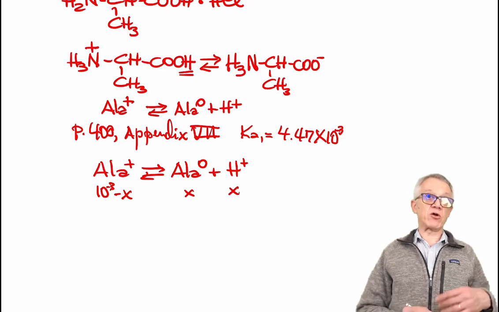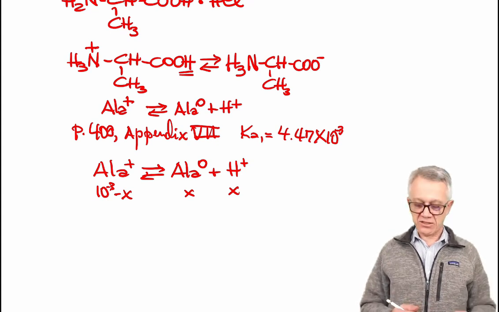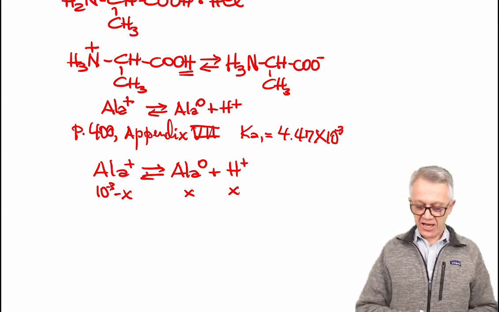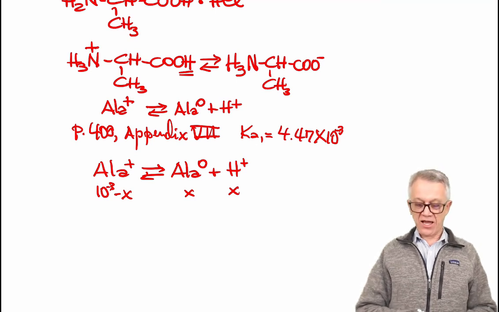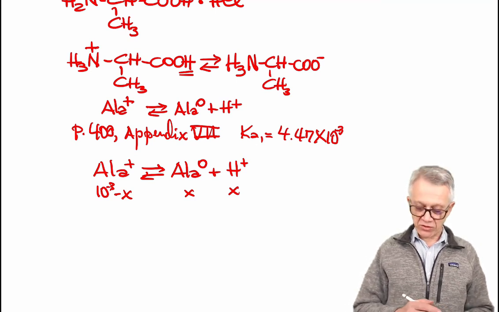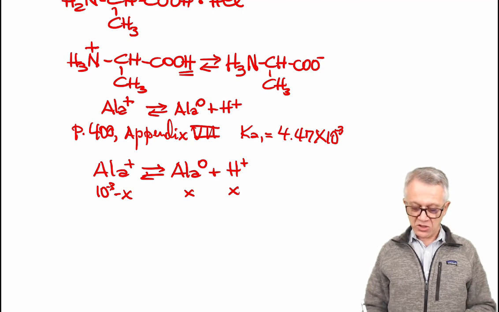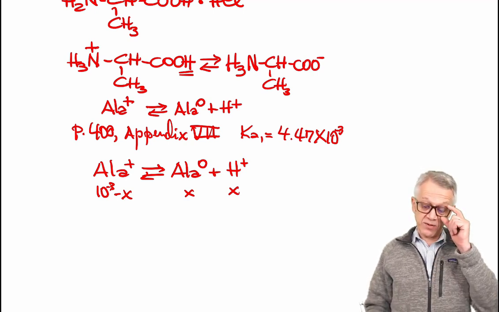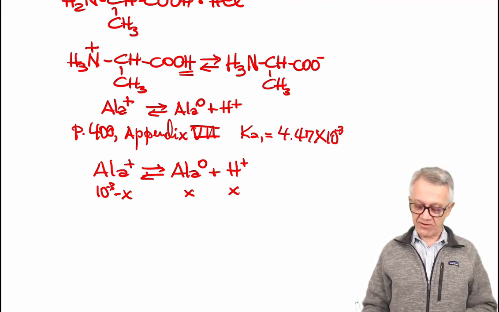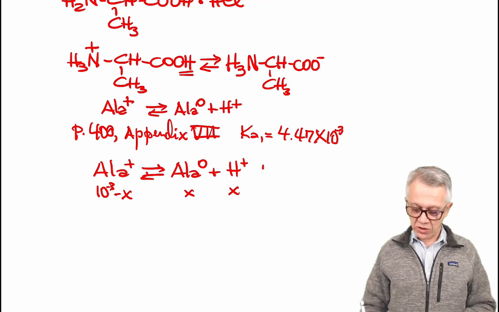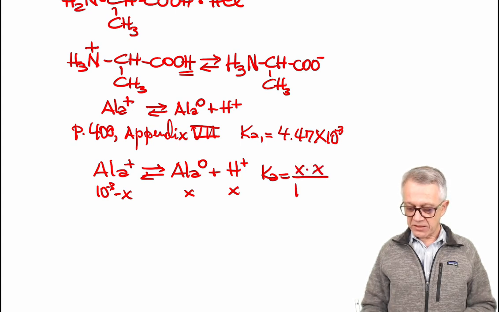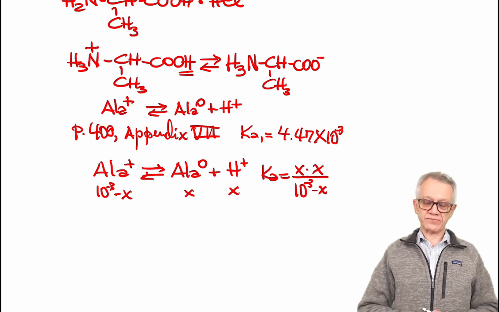So at equilibrium, we have 10 to minus 3 minus x of alanine plus, x of alanine 0, and x concentration of protons. All we have to do is determine the concentration of H plus, and then we have the pH. So Ka is equal to x times x divided by 10 to the power of negative 3 minus x.